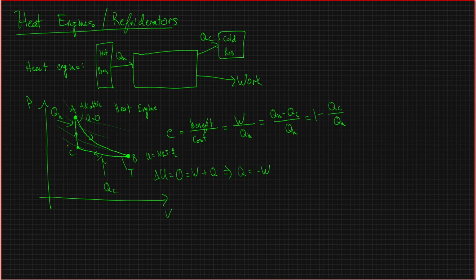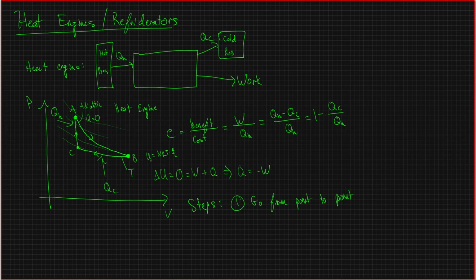Cool? Is that helpful? So let me write this out again. Basically, steps for heat engines. Step 1: look through every single process. So go from point to point on the diagram.